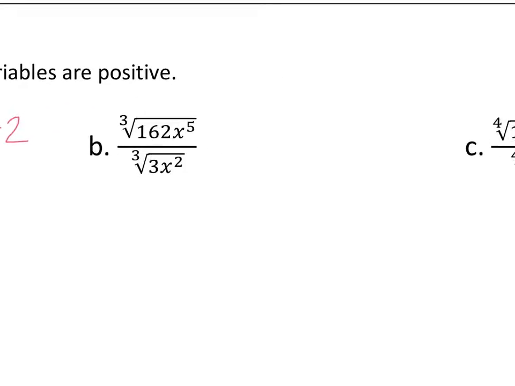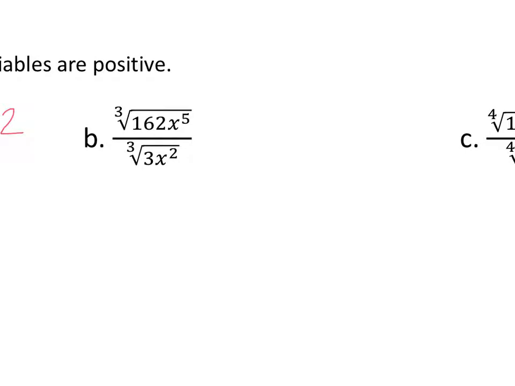Okay. Next one. This one looks complicated. Separately, let's try combining it. Can we divide 162 by 3? Try that. You can't? 162 divided by 3? You can't do it?